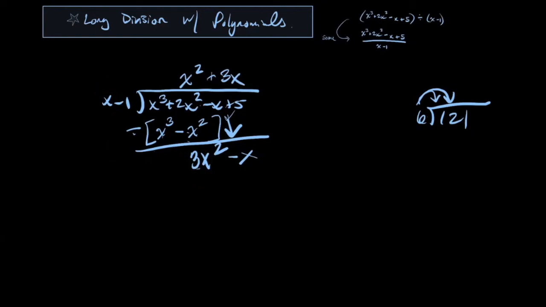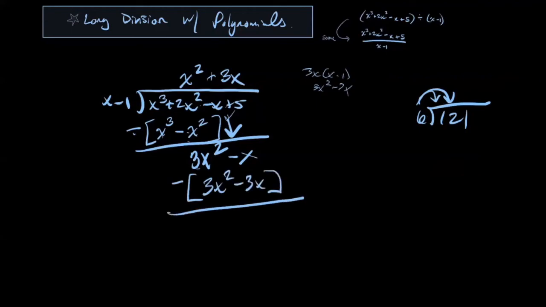All right, so what do we want to do? We want to subtract x minus 1 times 3x. So that would be 3x squared minus 3x that we're subtracting. So 3x squareds cancel. And then we have negative x minus negative 3x.